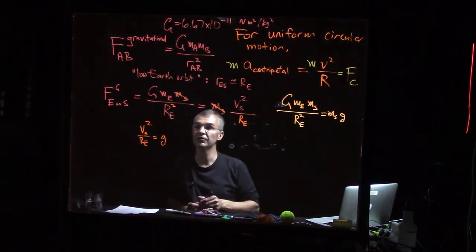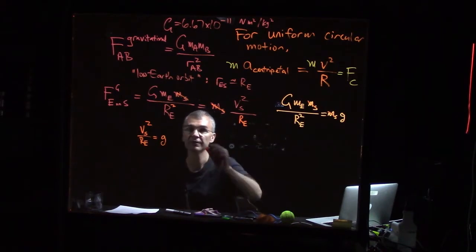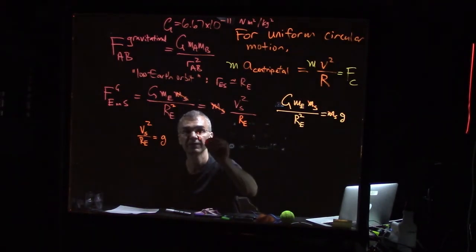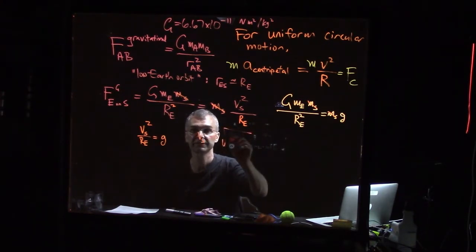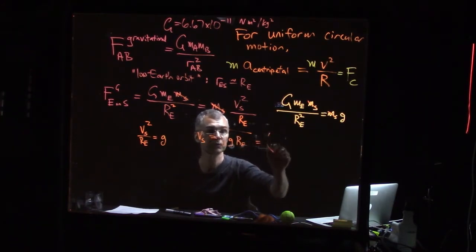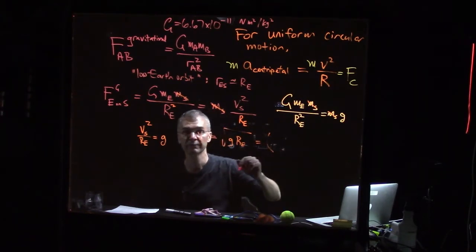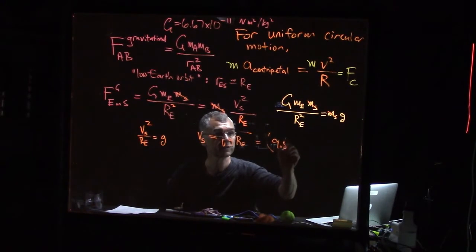So I guess then you could say, how fast is a satellite moving around the Earth? So you say, okay, v satellite is the square root of little g times r Earth. So see if I can remember these numbers. This is 9.8 meters per second squared.